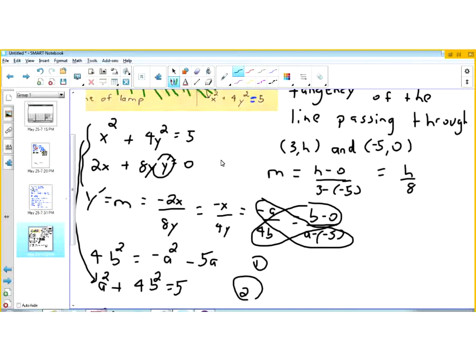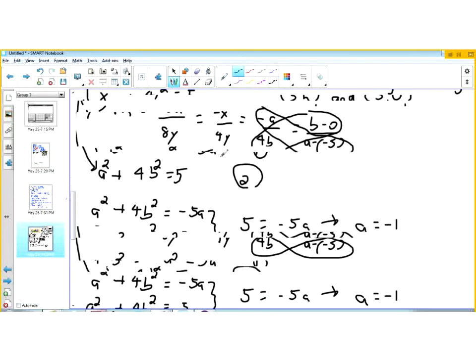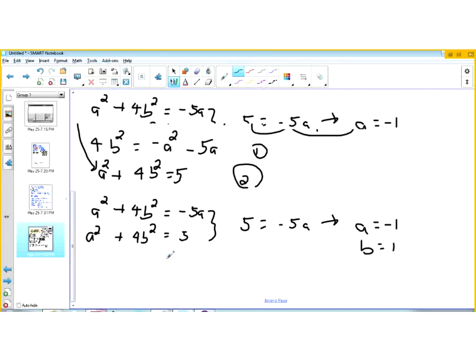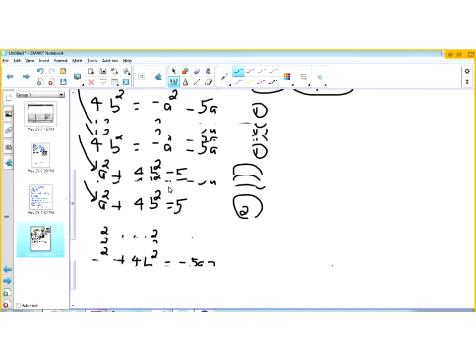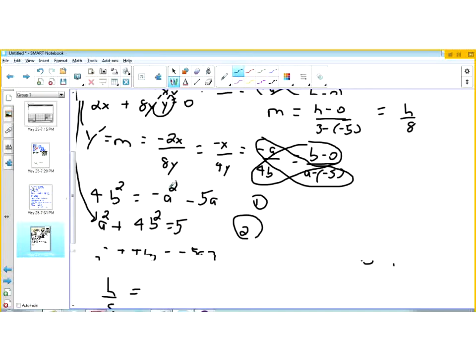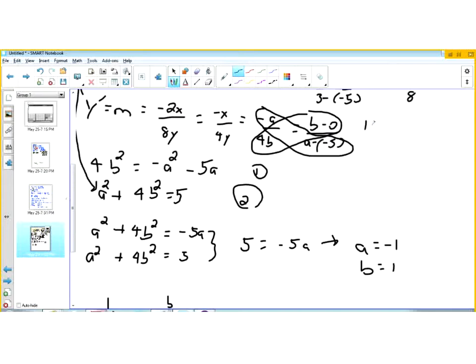And so now we go back to our equation for h. Somewhere around here we had an equation for h. Yes, we had h over 8 is also the slope of the tangent line. So h over 8 must equal the slope of the tangent line, which we said was b over a plus 5.